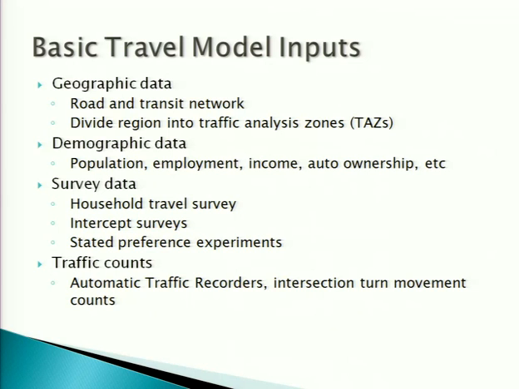So households are going to generate travel. And one of the main things that attracts travel is employment. So we also need to put employment into the model. So we need to put in different types of employment, retail employment, industrial employment, all sorts of employment. And that comes from various sources. That'll come from state employment data.